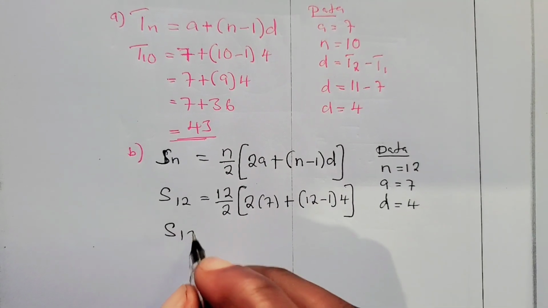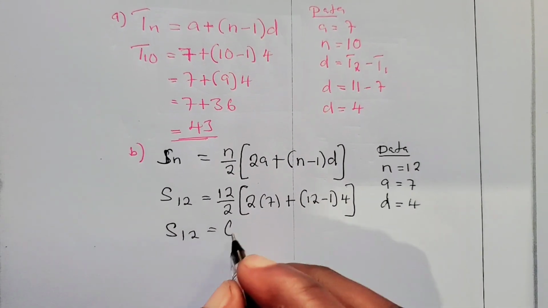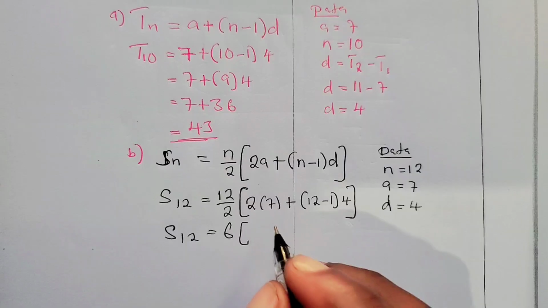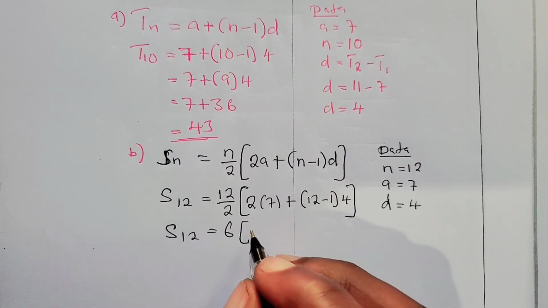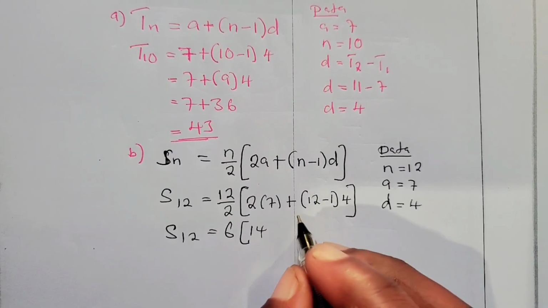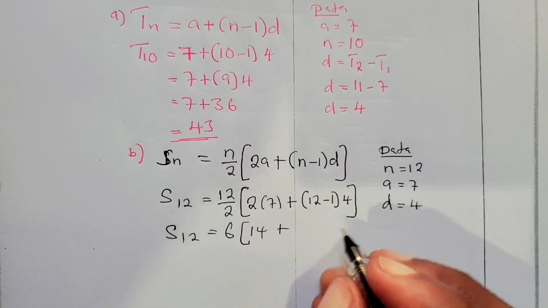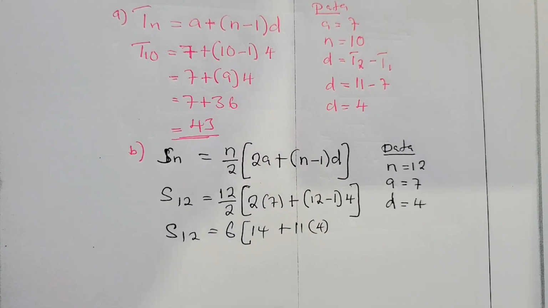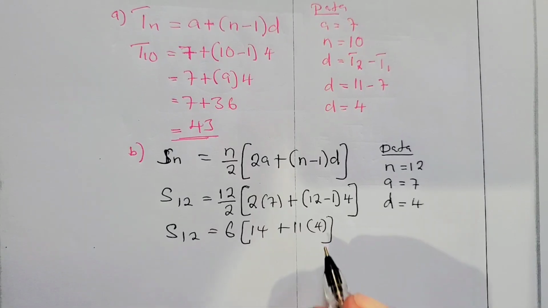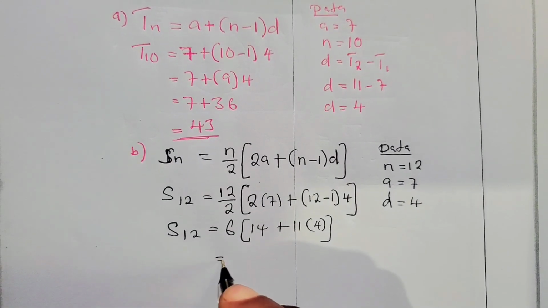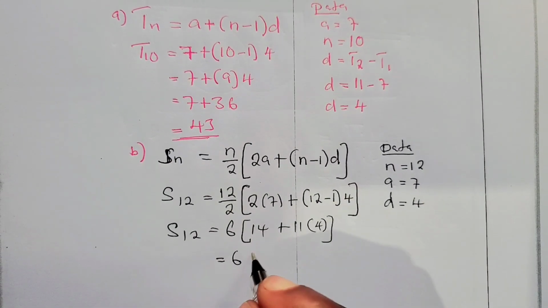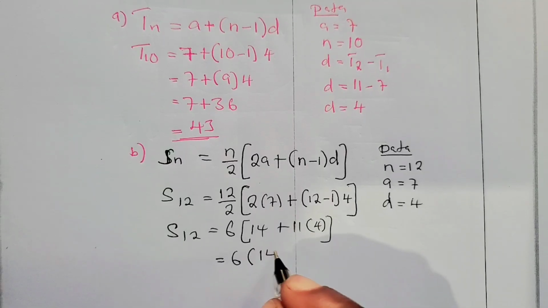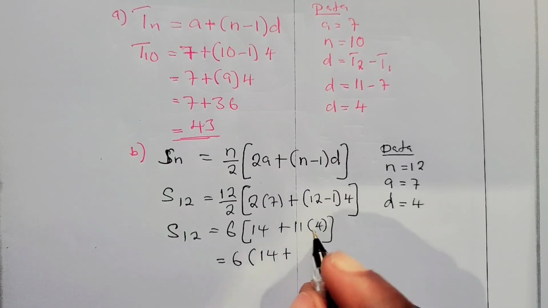So S12 equals 12 over 2, which is 6. 2 times 7 is 14, plus 12 minus 1 is 11, times 4. So here we are having 6, open bracket, 14 plus 11 times 4.